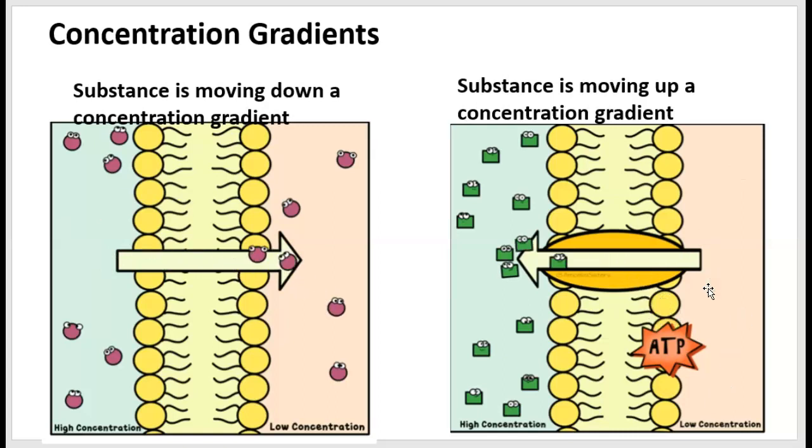So this substance is moving up a concentration gradient, and that's going to require energy in the form of ATP. In the first example, when the substance is moving down a concentration gradient, if the substance has a way to get across the membrane, it will not require energy.